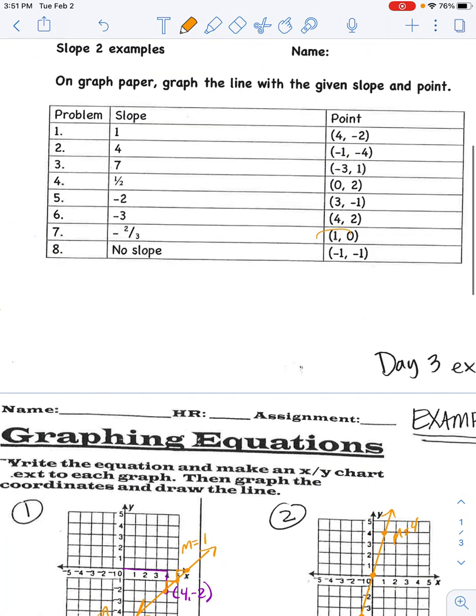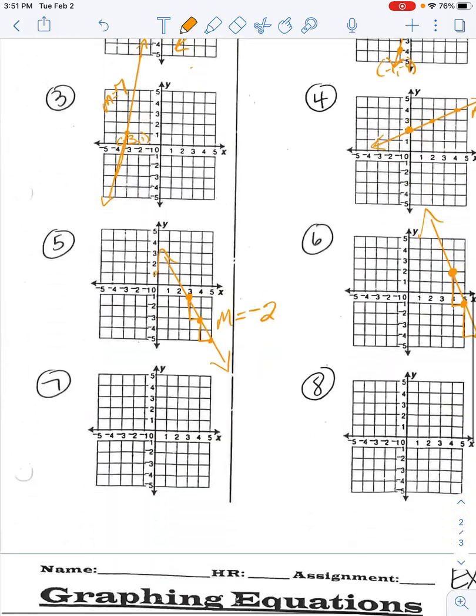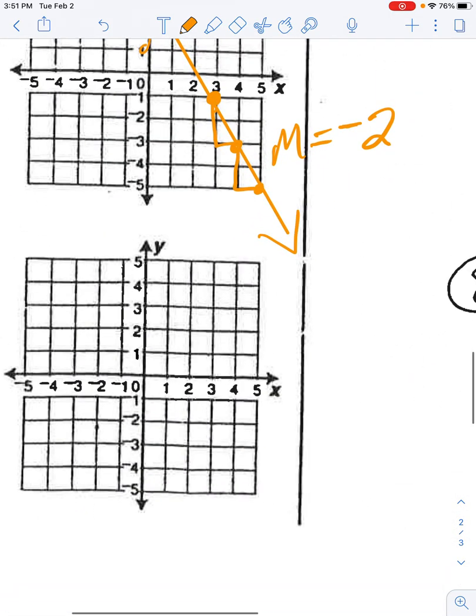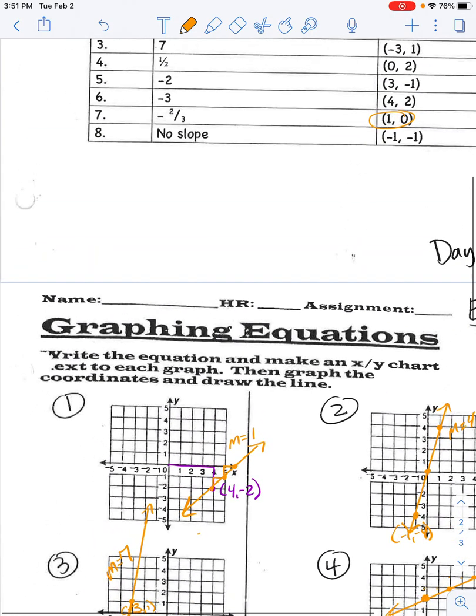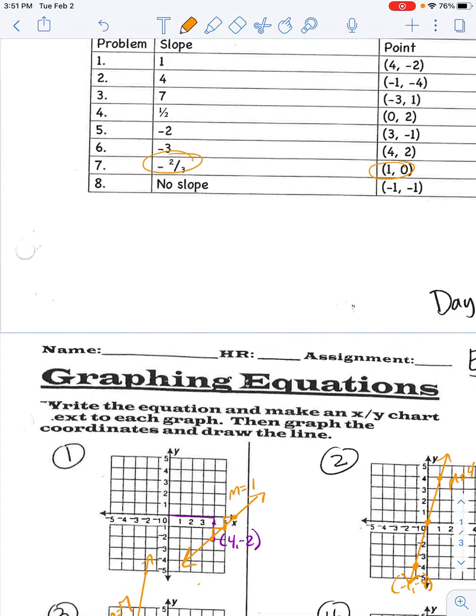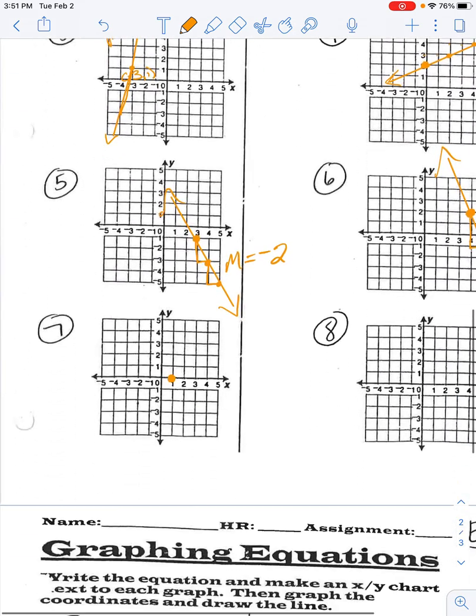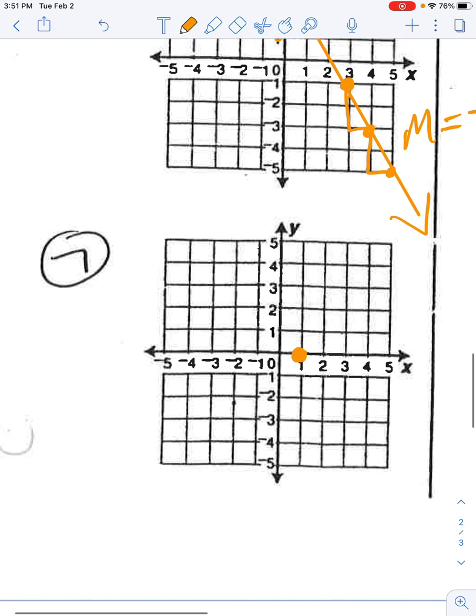Let's look at number 7, 1, 0. 1, 0 would be to the right 1, and then we don't go anywhere, 0, left or right, or up or down. And we're going to do a slope of -2/3, which means down 2 and run 3.